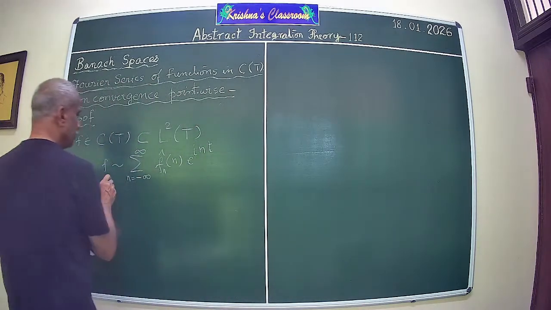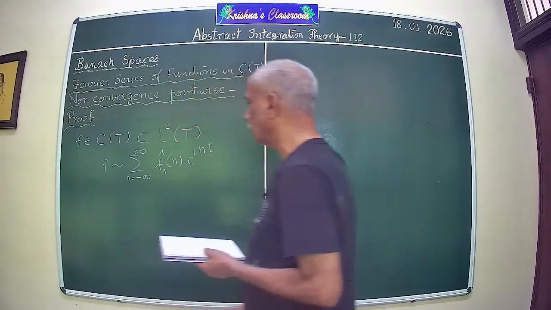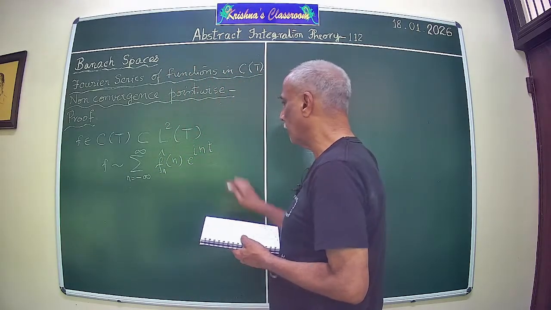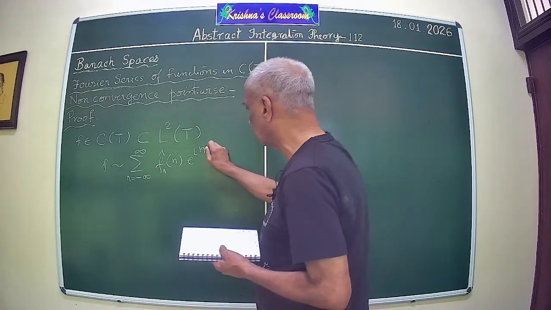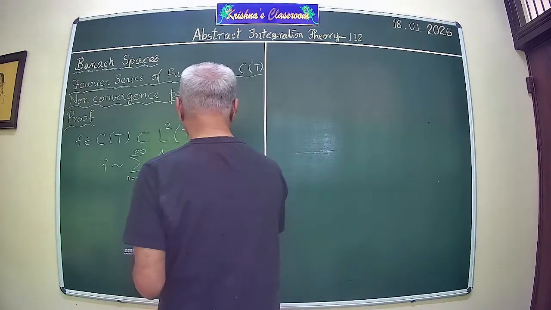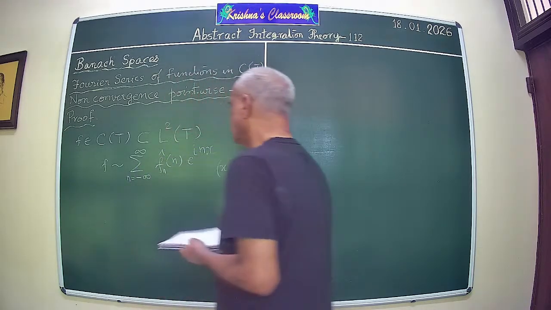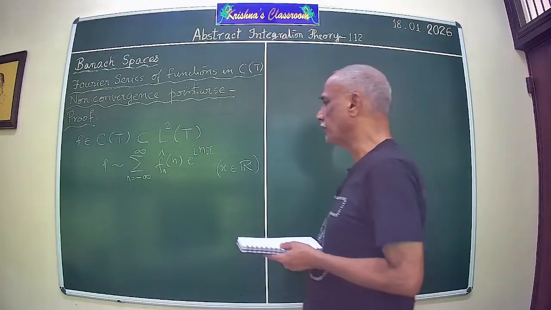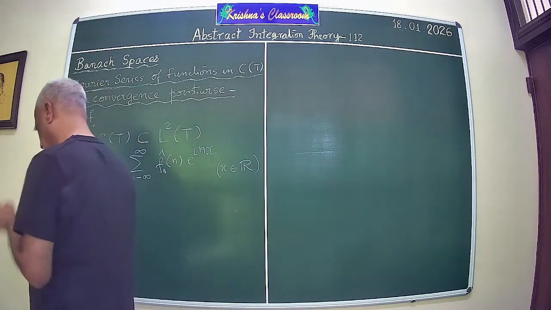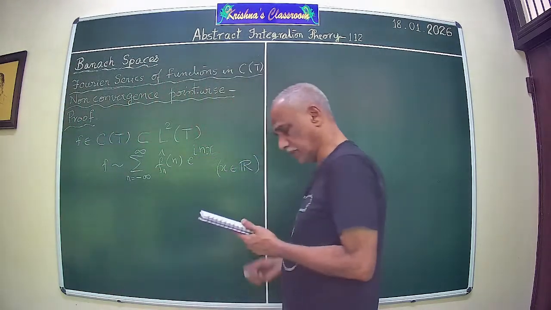Now, if you want to study the convergence of this series, I'll put it this way: x here for x belonging to R. Now f is defined. f is an element of CT. That means it's a periodic function, it's a continuous function.